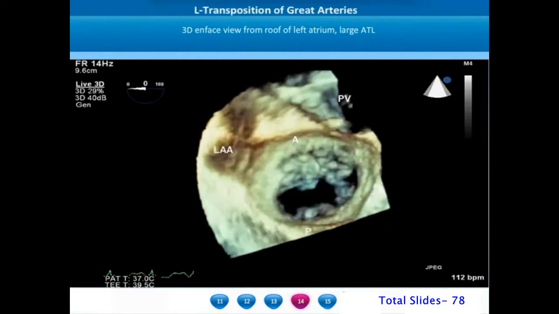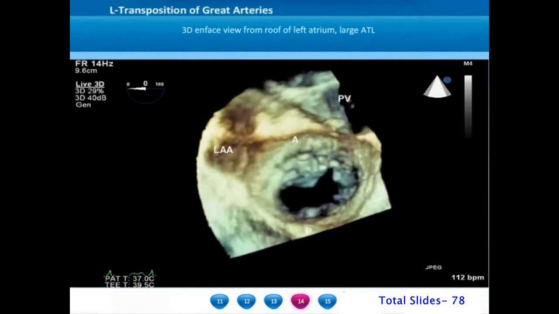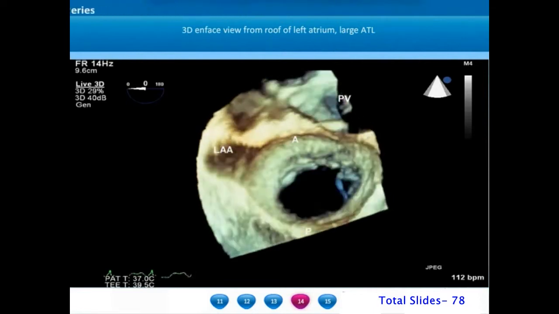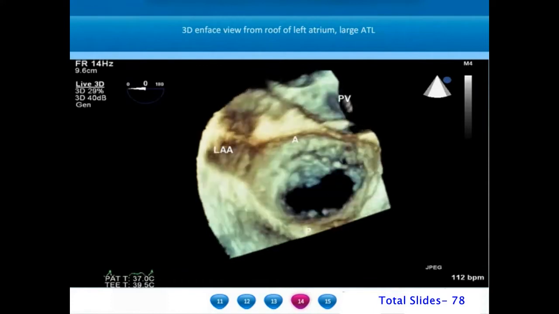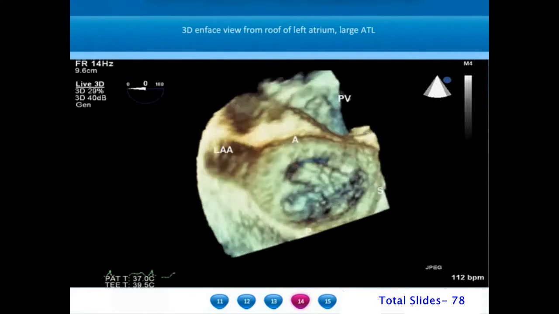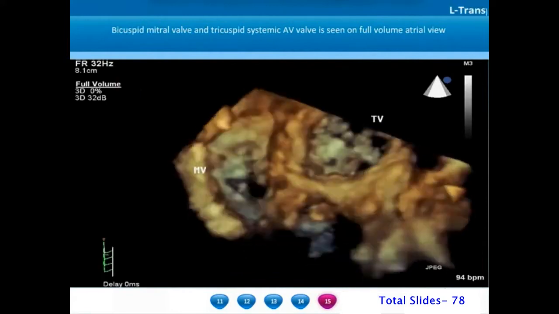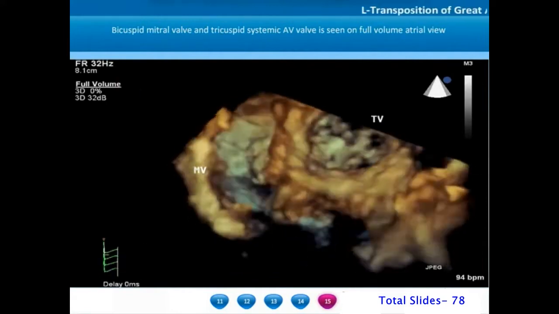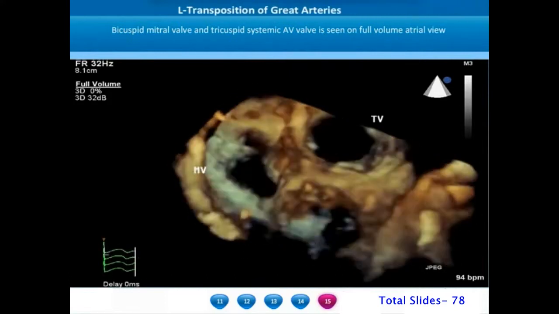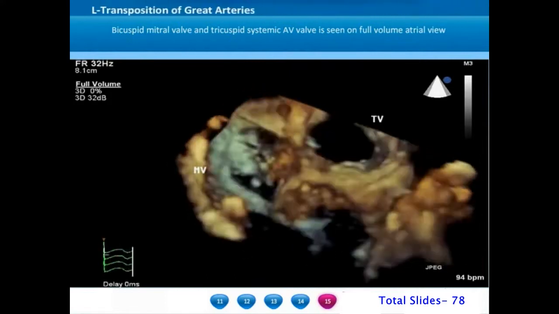We can notice that immediately anterior to the tricuspid valve, we do not have the aortic valve as in a normal heart, but the pulmonary valve. In a full volume loop, from the atrial view, we can appreciate the bicuspid mitral valve and the tri-leaflet systemic AV valve.